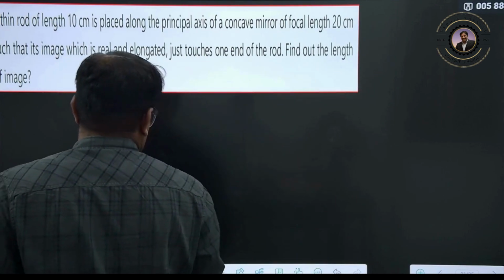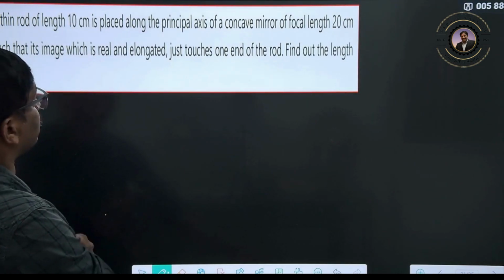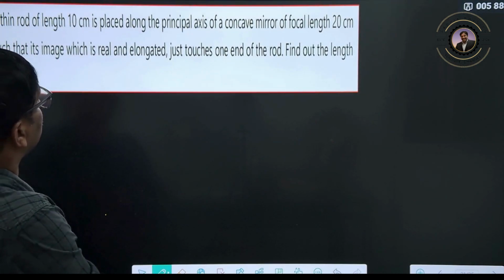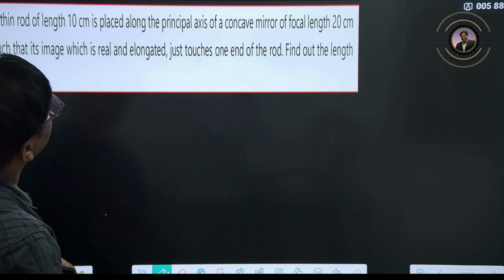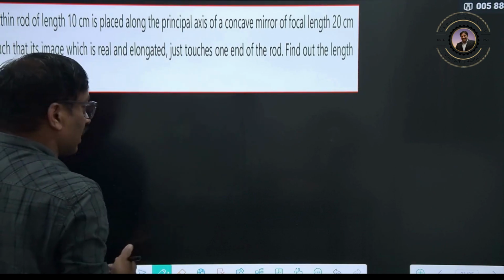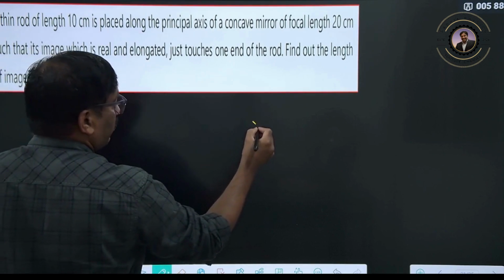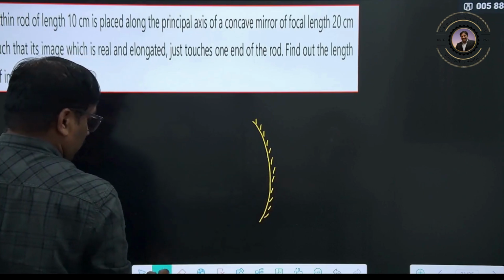Right. So here, what can you write now? Real and elongated. Elongated means the image is larger. Listen carefully. We will draw the ray diagram so that you can understand very clearly.